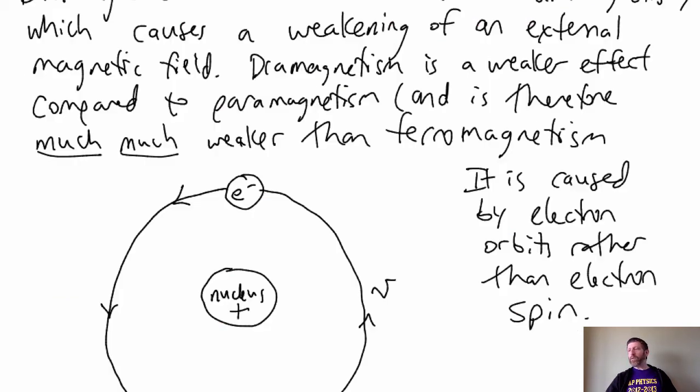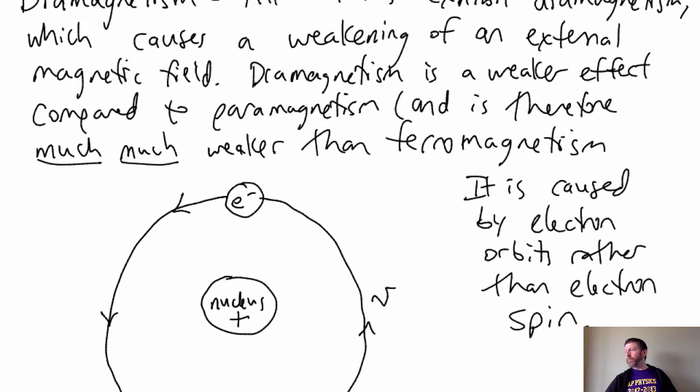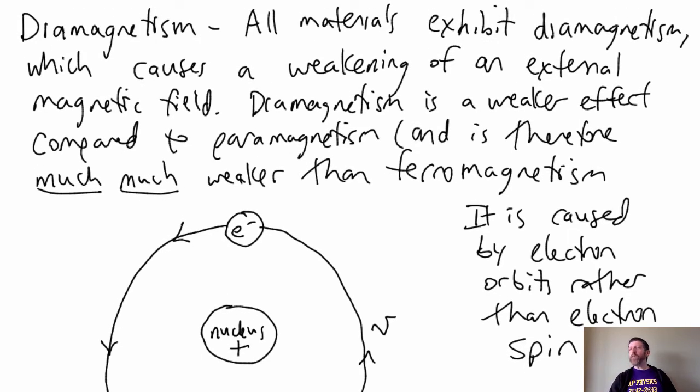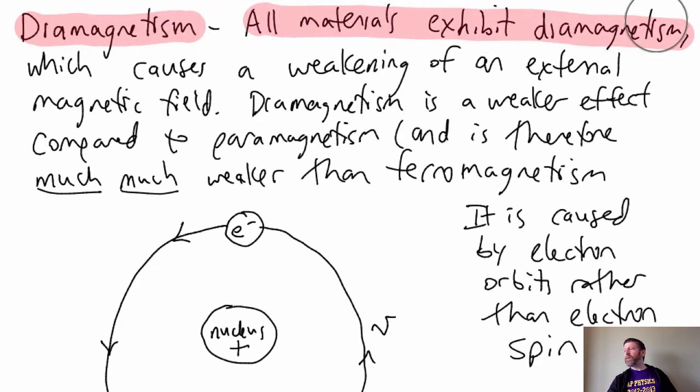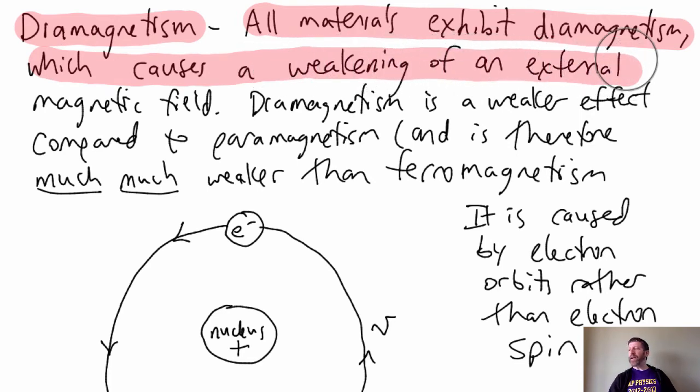And also, there's another effect called diamagnetism. Diamagnetism is something that all materials exhibit. In contrast to paramagnetism and ferromagnetism, it causes a weakening of the external magnetic field, whereas in ferromagnetism and paramagnetism, the magnetic dipoles align, so they make the field stronger.